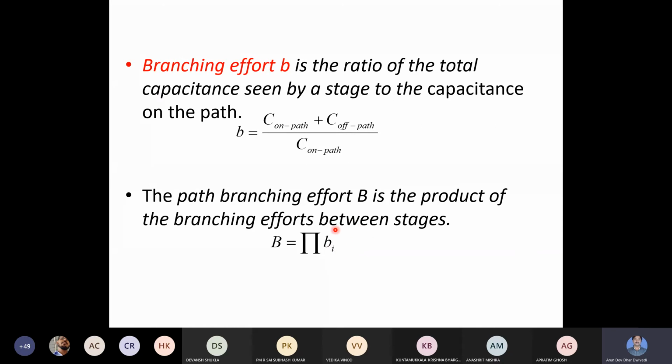All the individual branching efforts multiplied together give you the complete branching effort. It is called the path branching effort. So path branching effort B is the product of the branching efforts between the stages, meaning B equal to the product of Bi, where the branching efforts of the stages are Bi.